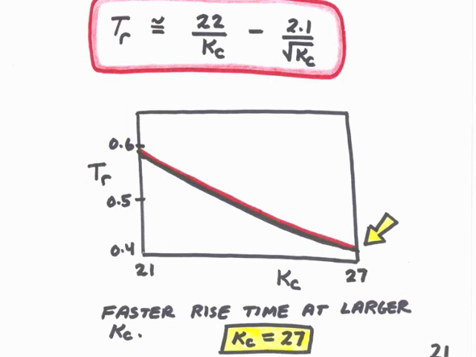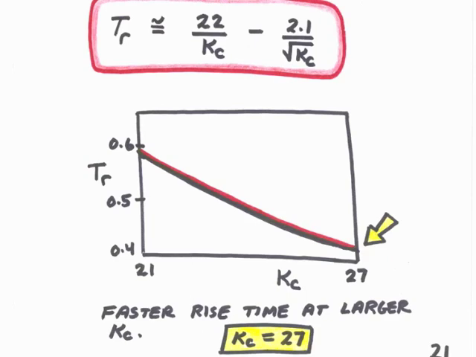This example problem was to illustrate the relationship between the controller gain kc and the various specifications that are achieved by the closed-loop system. We weren't given precise specifications in order to design our controller.